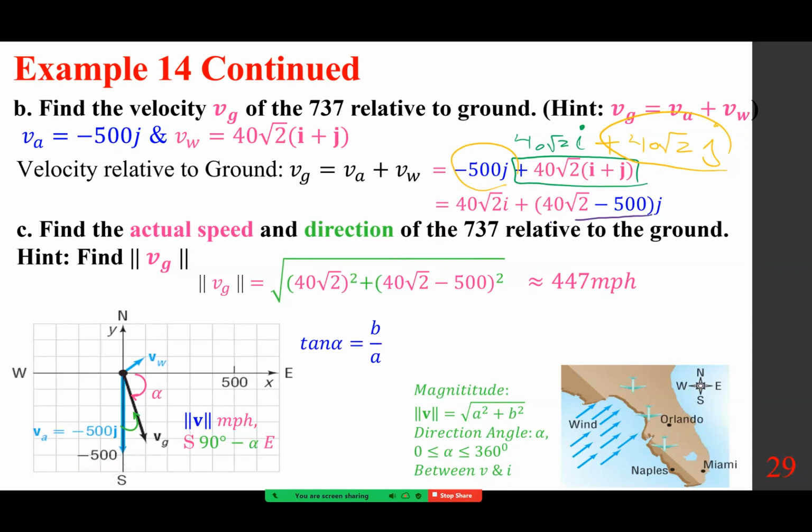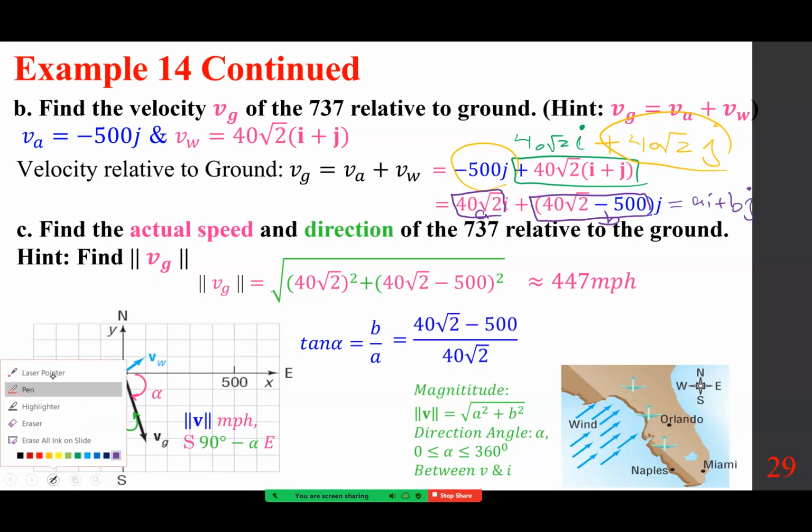It's easier to write it on the right as ai plus bj, so b over a. This is the precise answer.